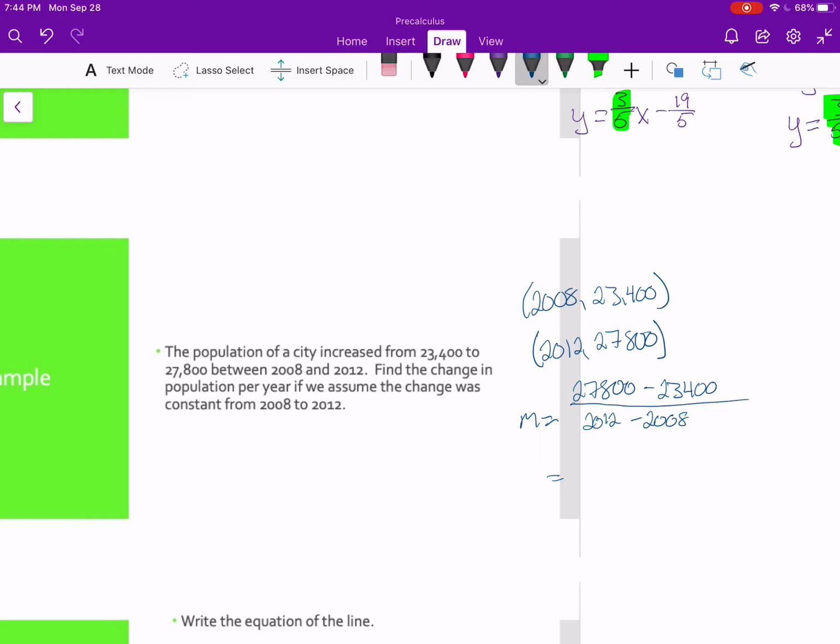So if we use our calculator, find 27,800 minus 23,400. That's 4,400 over 4 years. That's about 1,100 people per year.